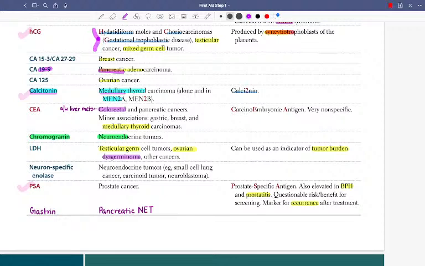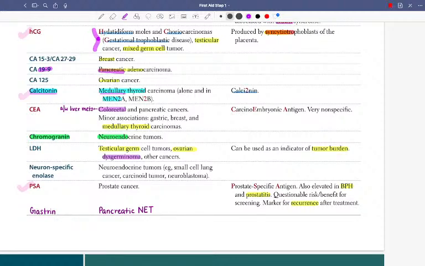And calcitonin is also related to MEN. Why? Parathyroid, I think, or thyroid carcinoma. No, MEN 2A and MEN 2B both have medullary thyroid carcinoma. That's why calcitonin is the medullary thyroid carcinoma marker. That's why it's MEN and medullary.